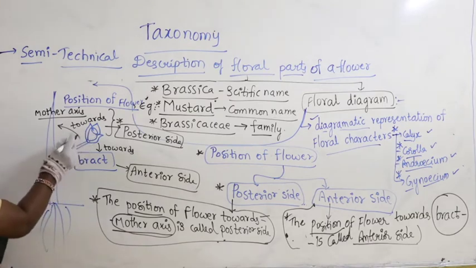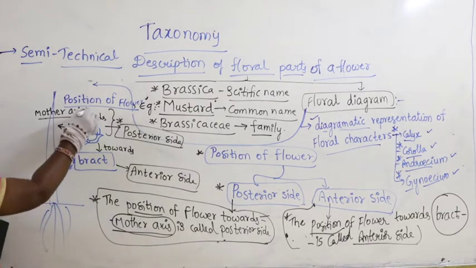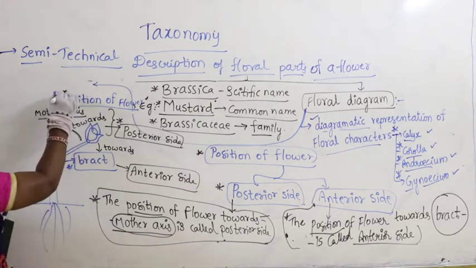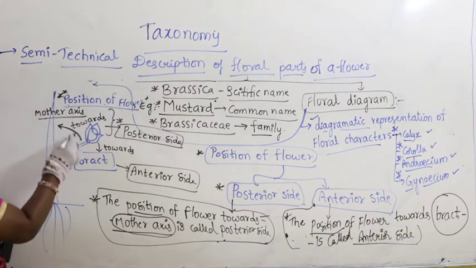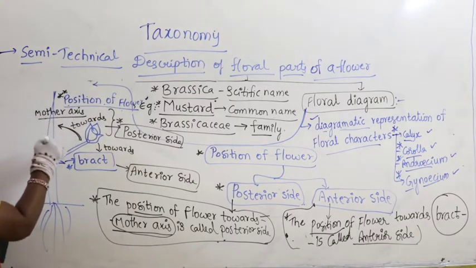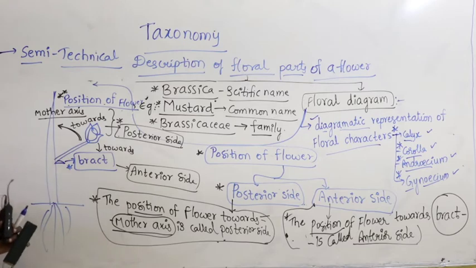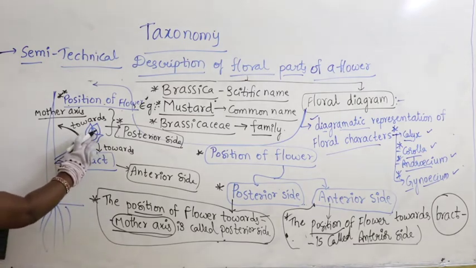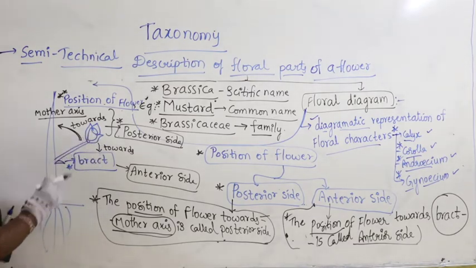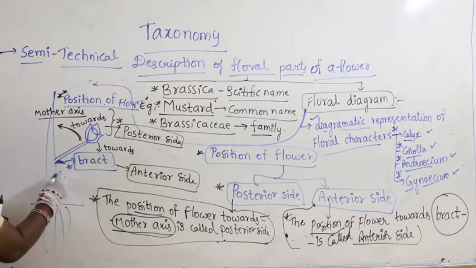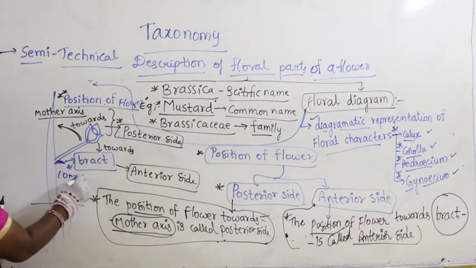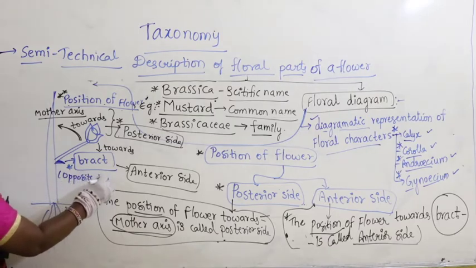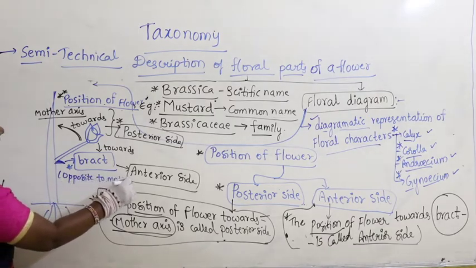The position of the flower towards the mother axis is called the posterior side. The position of the flower towards the bract: where is the bract? The bract is opposite to the mother axis, away from the mother axis.